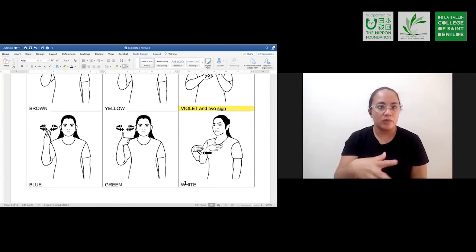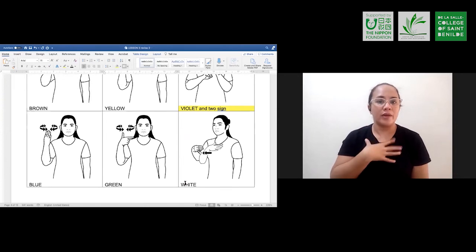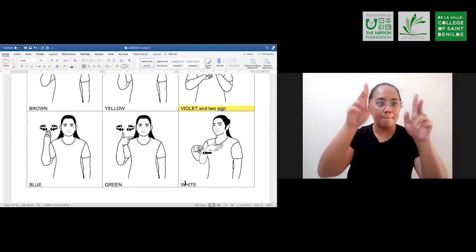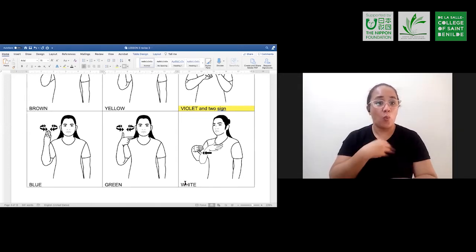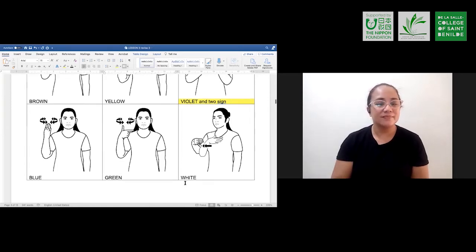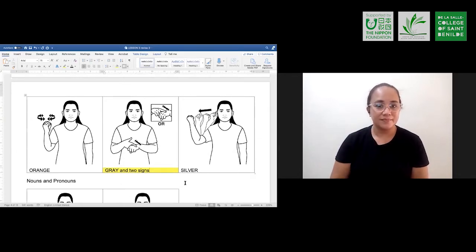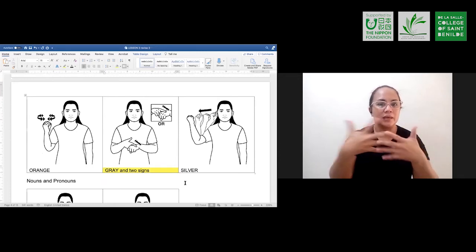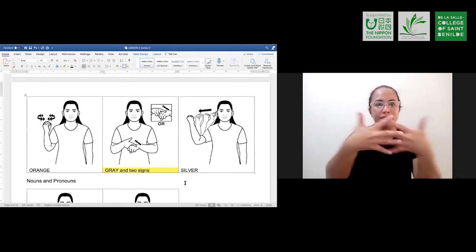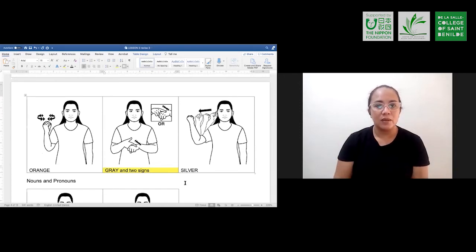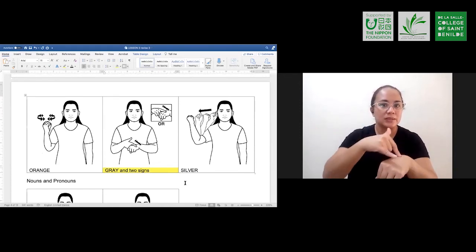Actually, we have this sign in ASL, which means a white person, a Caucasian person. Okay, go down. Orange is the same in ASL as the fruit. And then usually gray is like this. And gold, but silver. Silver.